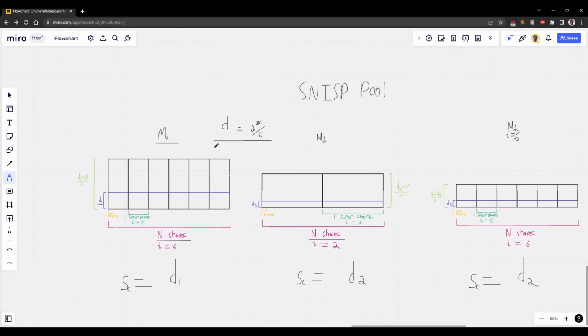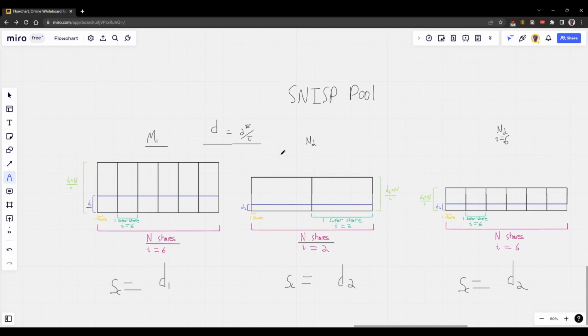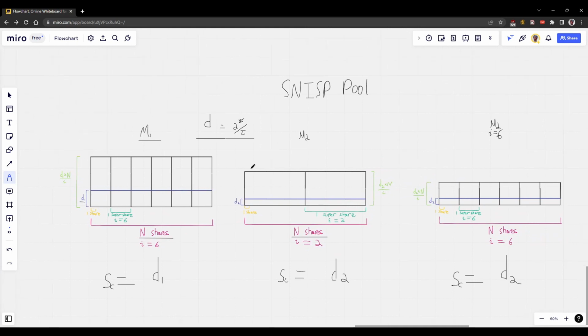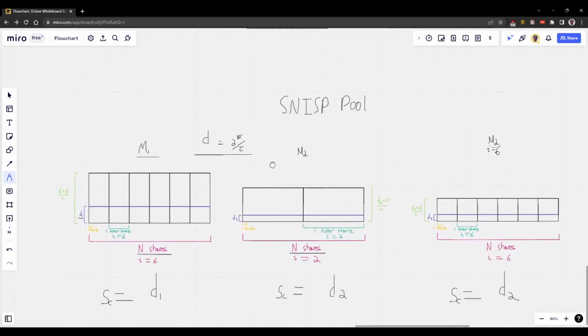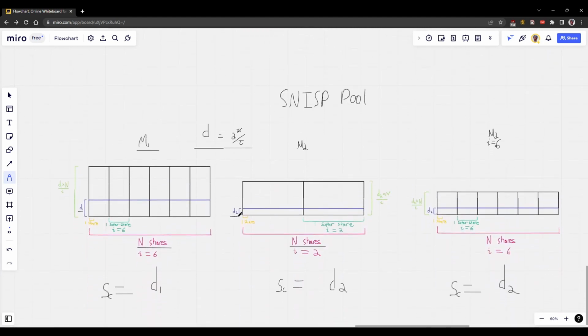Miner 2, on the other hand, was able to create a SNISP with level 2. So that means only 2 super shares are needed. And because miner 2 has a lower hash rate, their value of D is going to be lower.